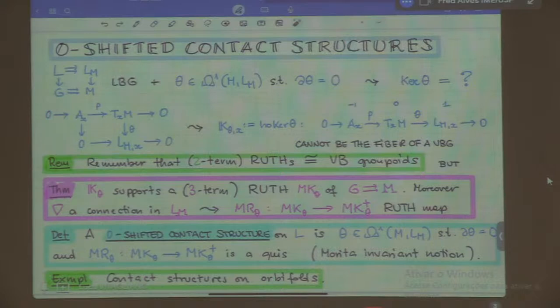But now, by degree reasons, the homotopy kernel is actually a 3-term complex. So no chance for it to be the fiber of a VB groupoid. It's a more complicated object.